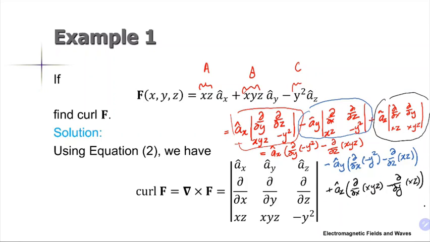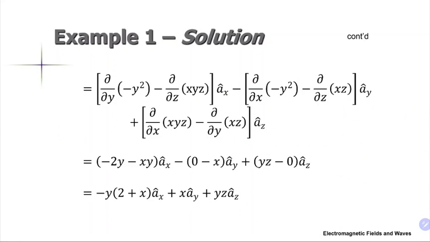Okay, so the next slide will show you what the answer is. So you end up with minus y into 2 plus x in the direction of x, and then plus x in the direction of y, plus yz in the direction of z.